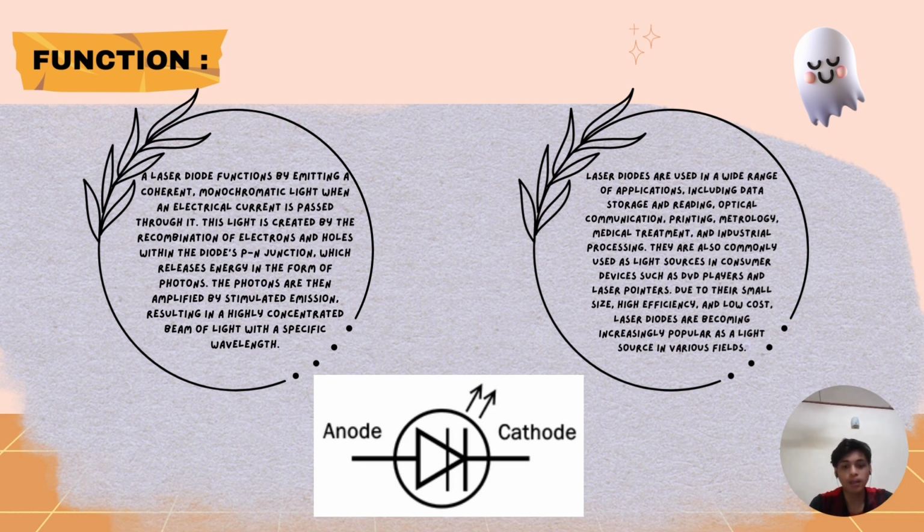These properties make the laser diode a very useful tool for a wide range of applications, such as data storage, telecommunication, industrial automation, scientific research, and many more. Laser diodes can also be modulated, meaning the output light can be turned on and off quickly, making them useful for applications such as data transmission and industrial automation.